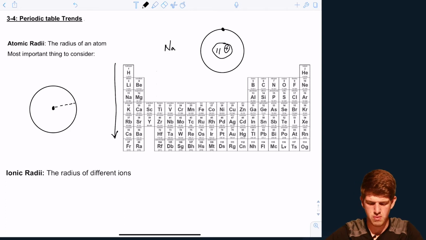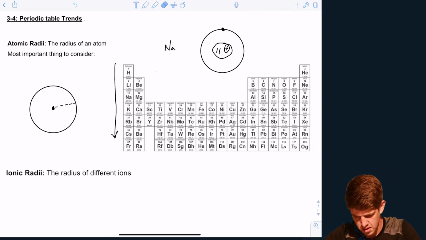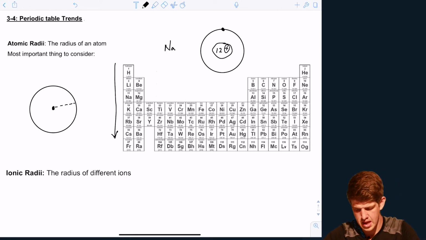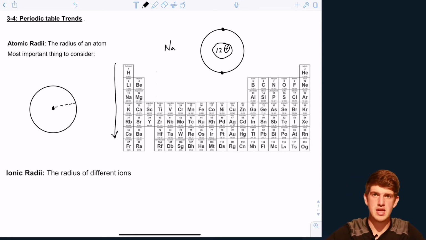Now let's see what happens if I go to magnesium. Magnesium has 12 protons, so it's got an even more positive nucleus, but I really don't increase in size much when I add another electron.